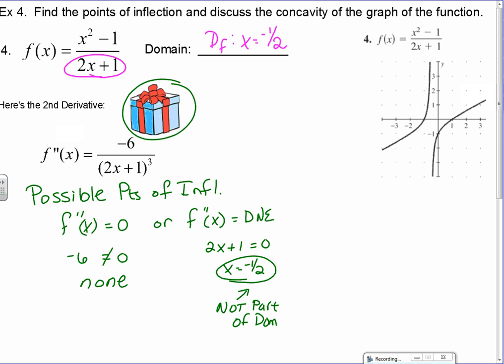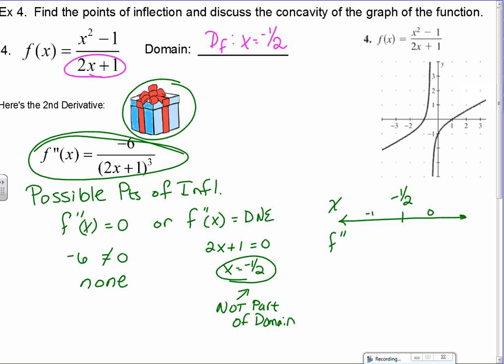So when we go into our sign chart, which we're going to do next, let's make our sign chart for the second derivative, x on top, f double prime below. I'm at the marker of -1/2. Choose a number to the left of it. Okay, I'll choose -1. Choose a number to the right of it. I'll choose 0. Look at what its value will be. I'm going to go back to f double prime right there.